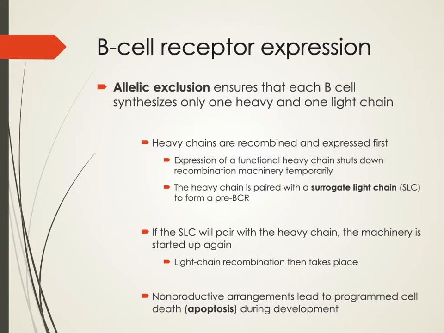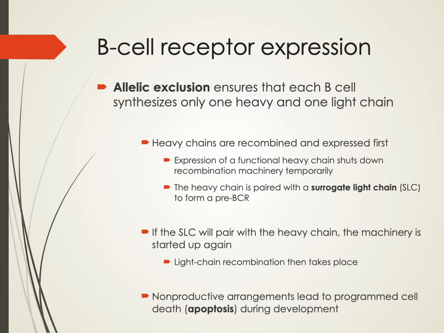Then this recombination machinery, the RAG1 and RAG2, gets shut down temporarily. And then we end up getting a light chain being expressed, but it's known as a surrogate light chain because it's not selected for, there hasn't been recombination yet, it's just expressed. And this forms a pre-B cell receptor.